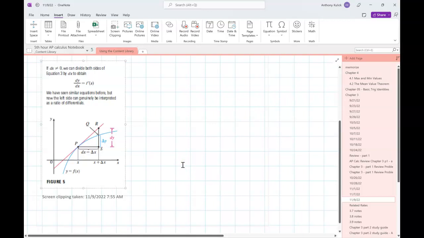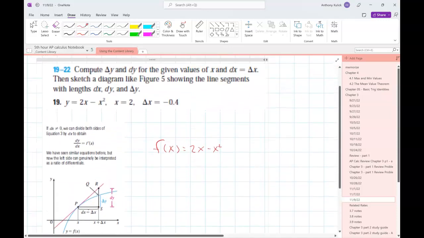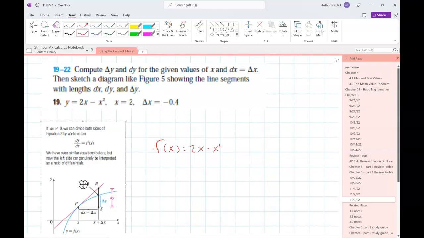So for 19, we had that f of x is equal to 2x minus x squared, and our delta x is negative 0.4.